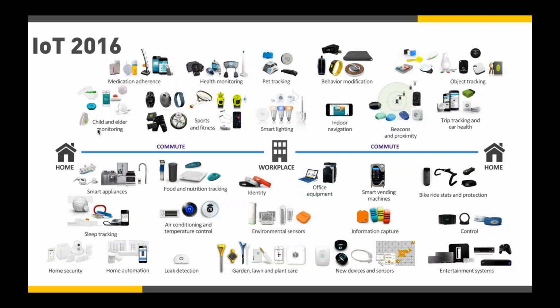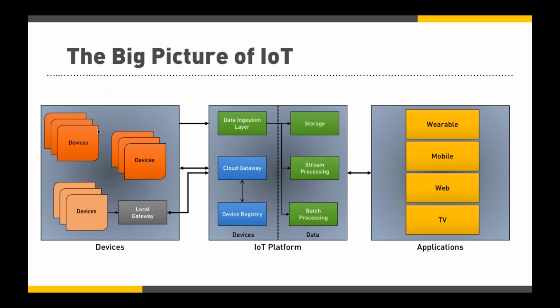But behind these seemingly simple devices and connected Internet of Things, there is a pretty complex architecture. And if you are a developer, you can relate to a lot of these concepts. So let's take a look at what really goes behind the scenes of Internet of Things.